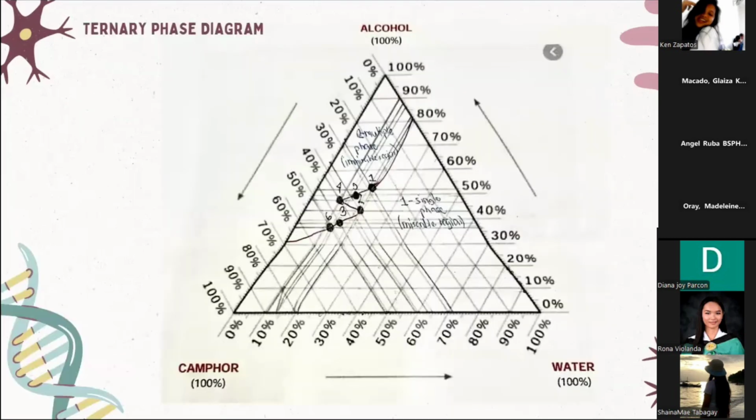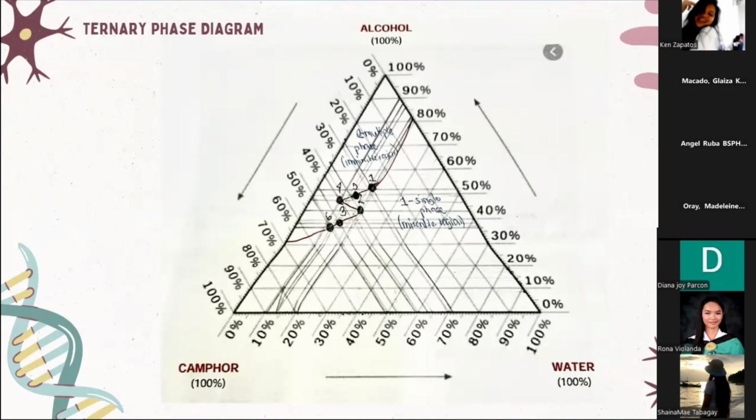So for our ternary phase diagram, as you can see, system number 1 is plotted at 48% because the camphor is equivalent to 29.79%, our alcohol is 52.85%, and our water in system number 1 is 17.37%. That's why the 48% is plotted in system 1, because they intersect at 48%.